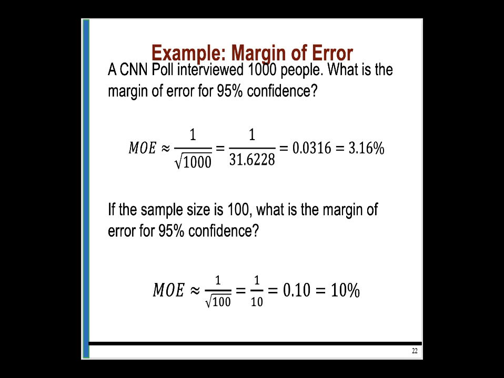Here, 1 divided by the square root of 1,000. When you calculate this in the calculator, you get 0.0316, which is about 3.16%. Now, if we had only done a sample size of 100, our margin of error would have been 10%. So there's a big difference when we take a larger sample.